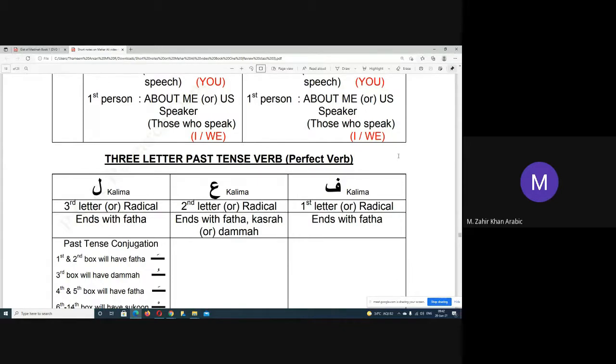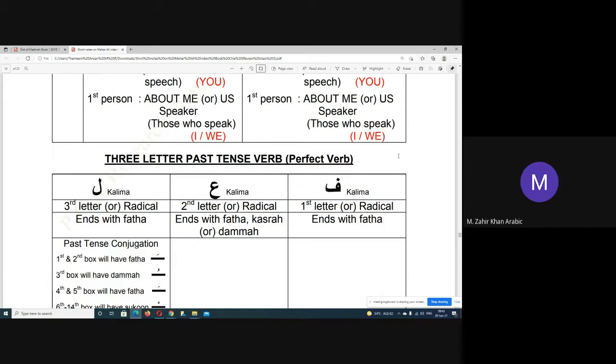So the main condition for past tense is: if it is a 3-letter verb, the first letter and the third letter, fa kalima and lam kalima, will always have fatha. The middle one, ain kalima, the second radical, can have fatha, kasra or dhamma, depending upon the verb. It may vary.